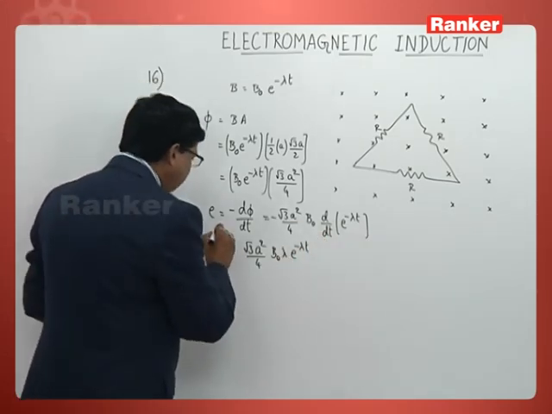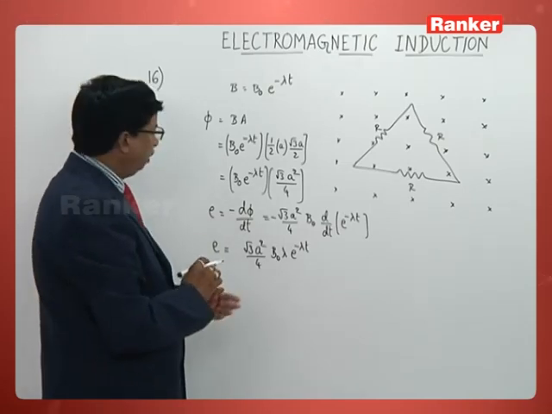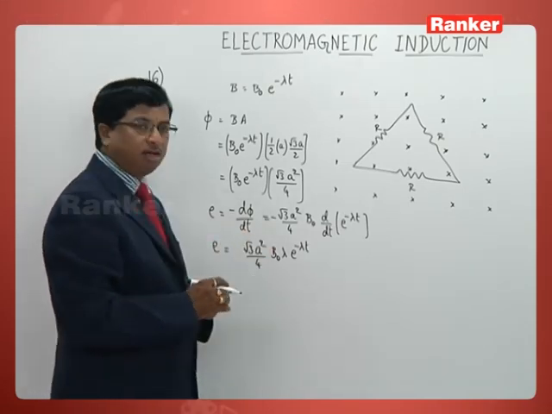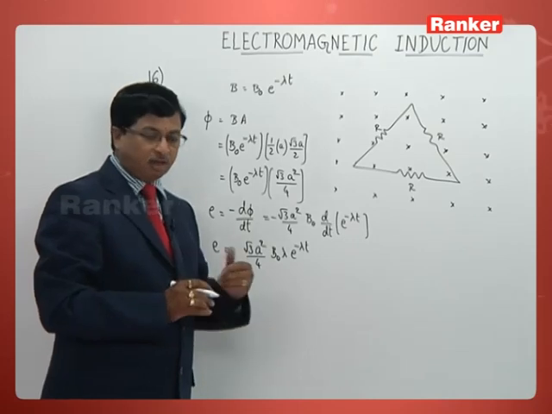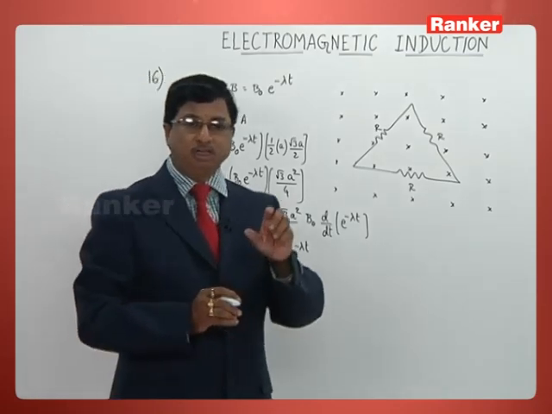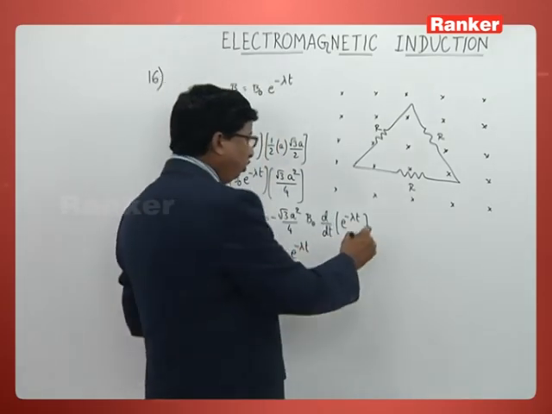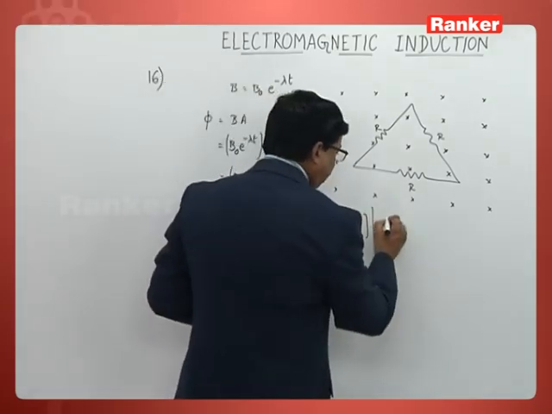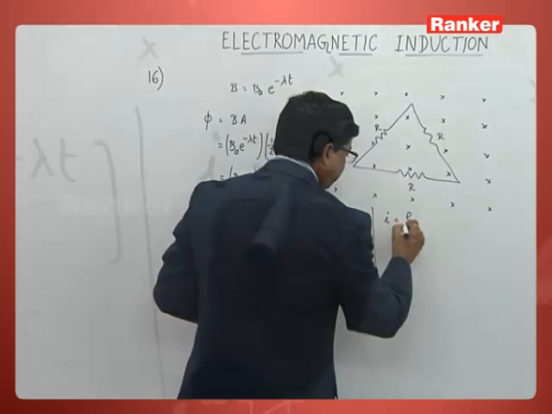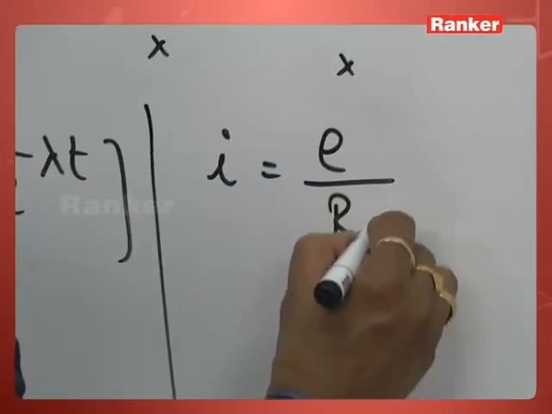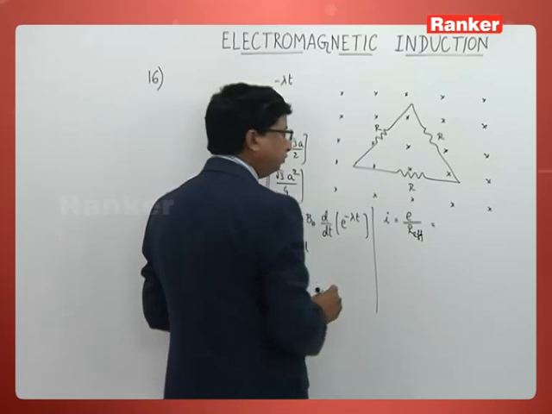This is the EMF. But we don't want this value here. He is asking us to calculate the induced current in the system. Induced current, when you want, current I is equal to E by effective resistance.